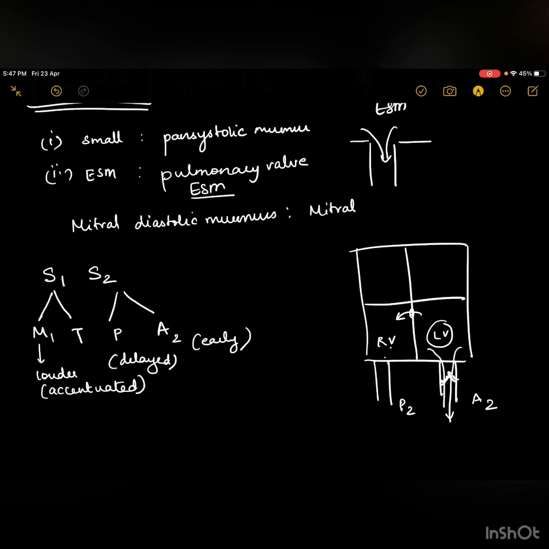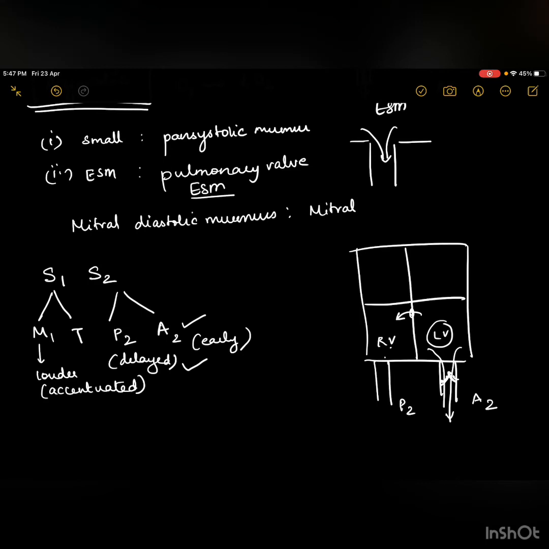A2, that is the aortic valve, closes faster than the pulmonary valve because the blood gets drained out faster. So there's an early A2, and naturally P2 is delayed because it's pumping out more blood. It needs more time for the blood to cross through the pulmonary valve, and then it gets closed. So there's a delayed P2.